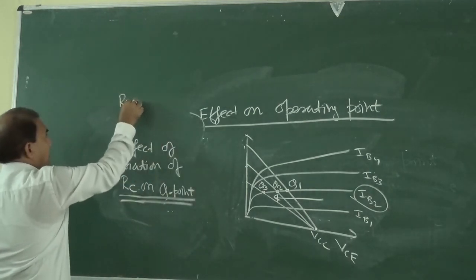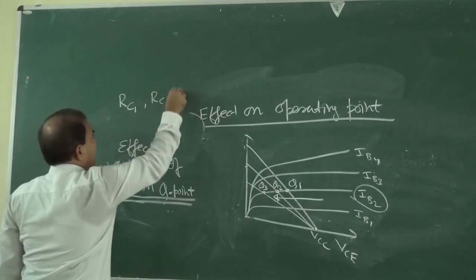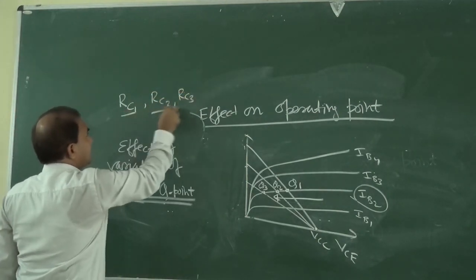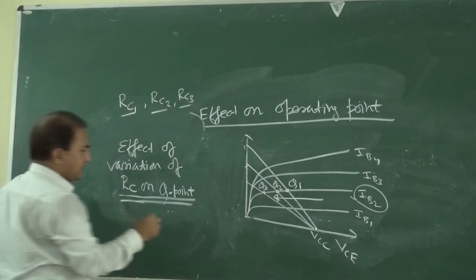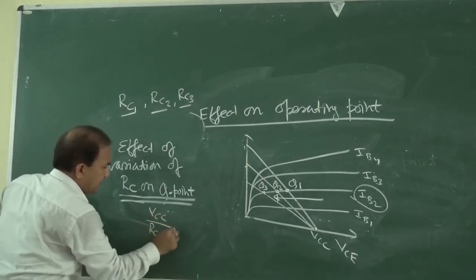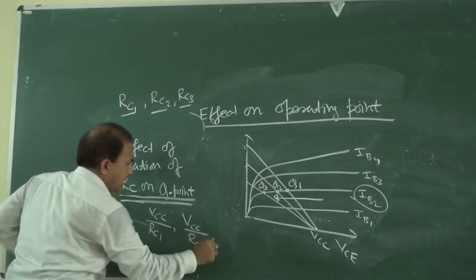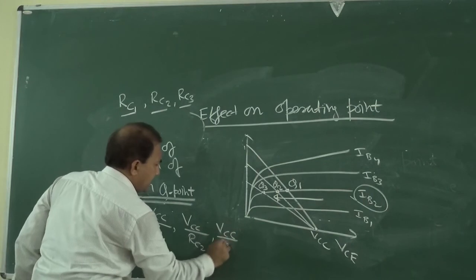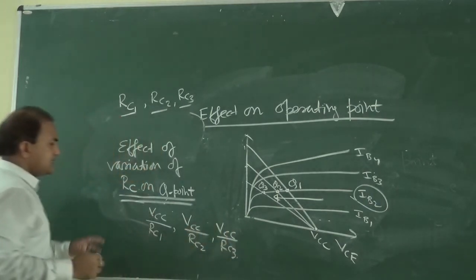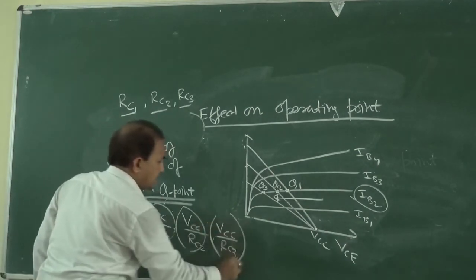Suppose RC1, RC2 and RC3 are three different values of RC. So it is VCC by RC1, VCC divided by RC2 and VCC divided by RC3. These are the three values of saturation current.